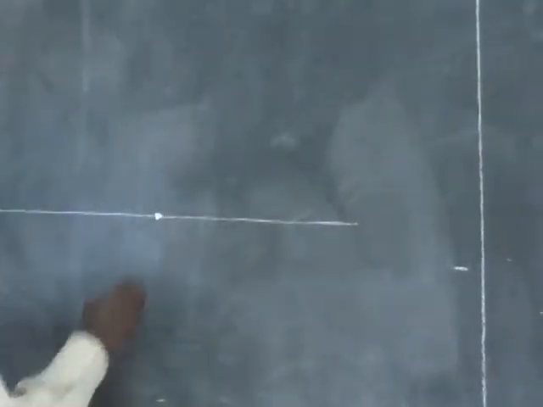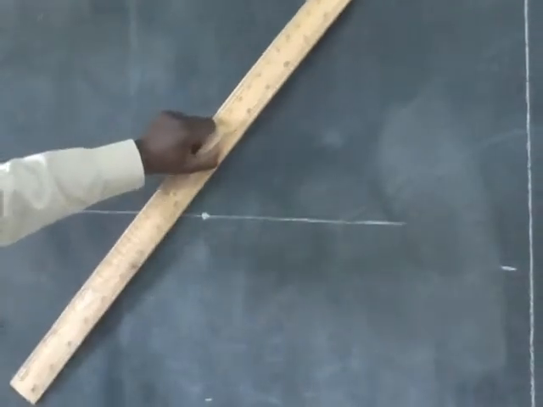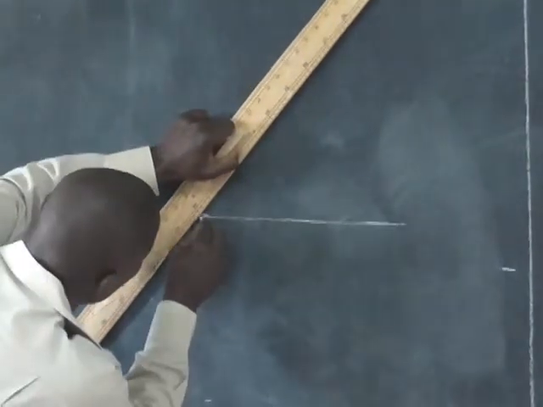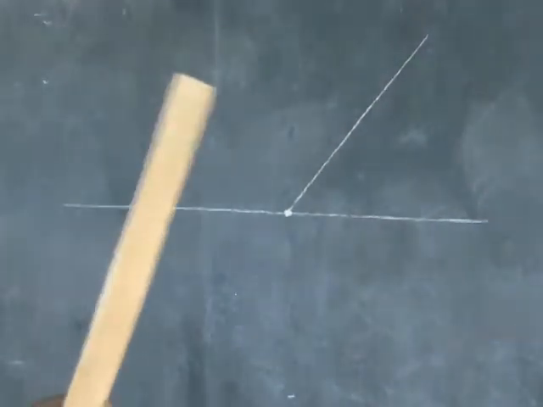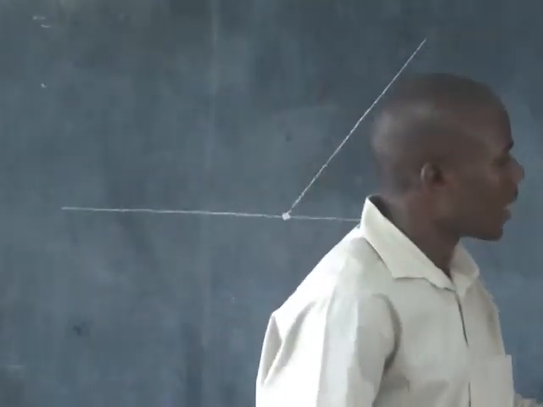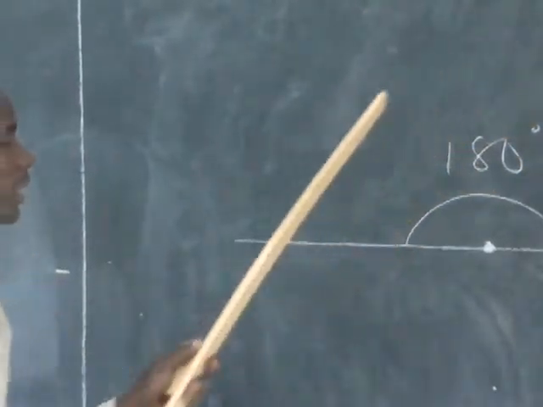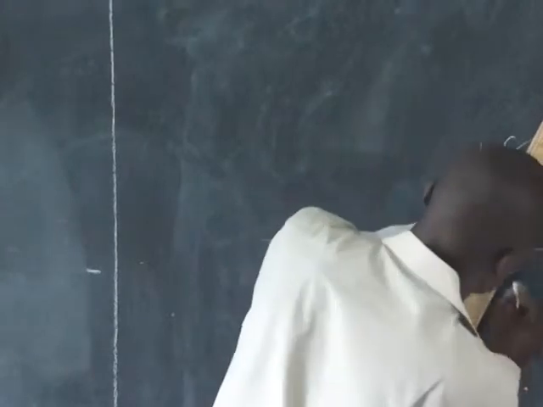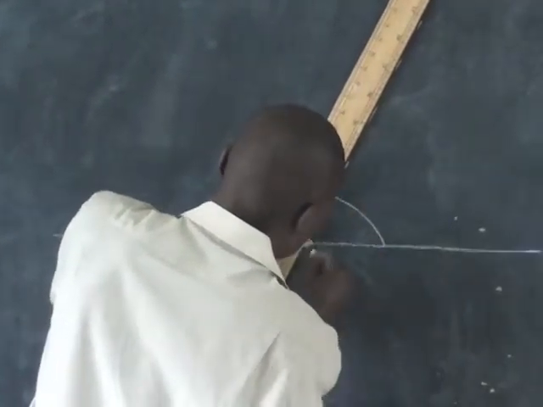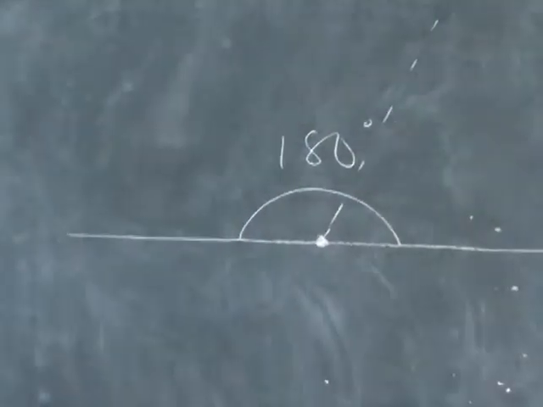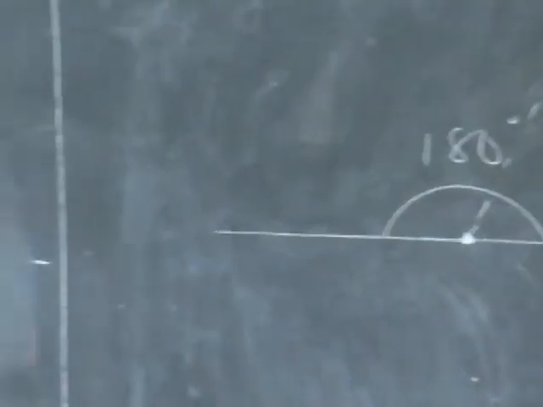Then we have another point here. Then we come and draw an angle there. Which means that now it is not an angle at a point, but now there is a section divided. There is a section that we are going to divide here.